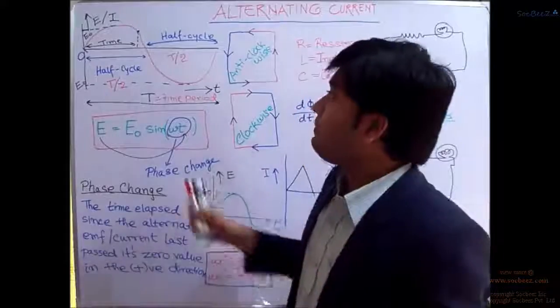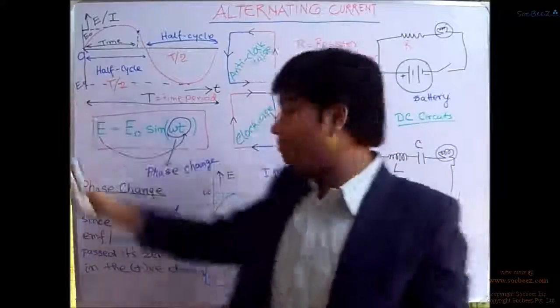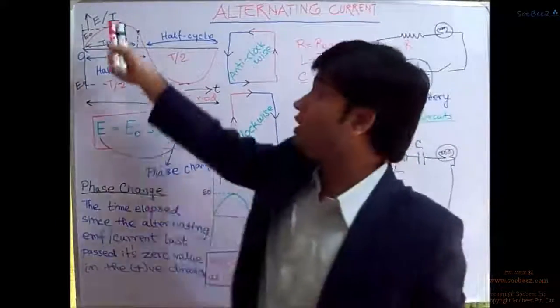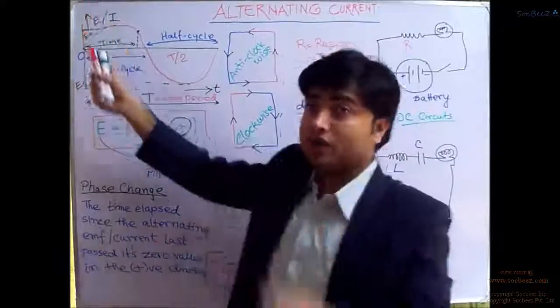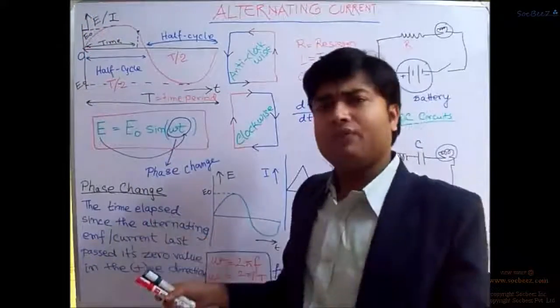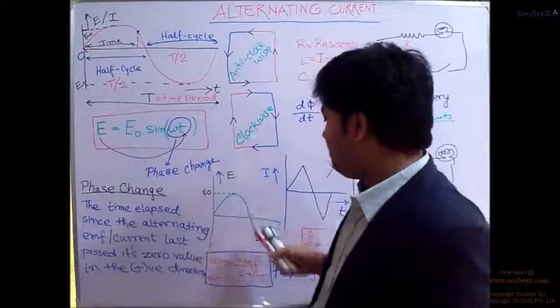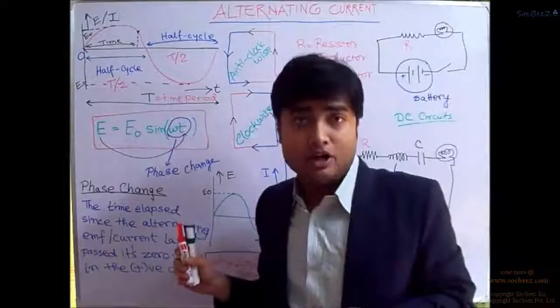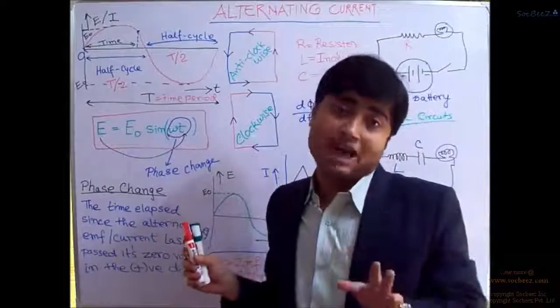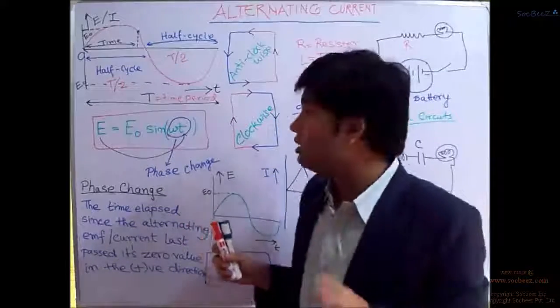And also, the peak value attained by either this E or this I, or this EMF or the current on the positive side will just be equal to the peak value obtained on the negative side, or in the reverse direction, right?